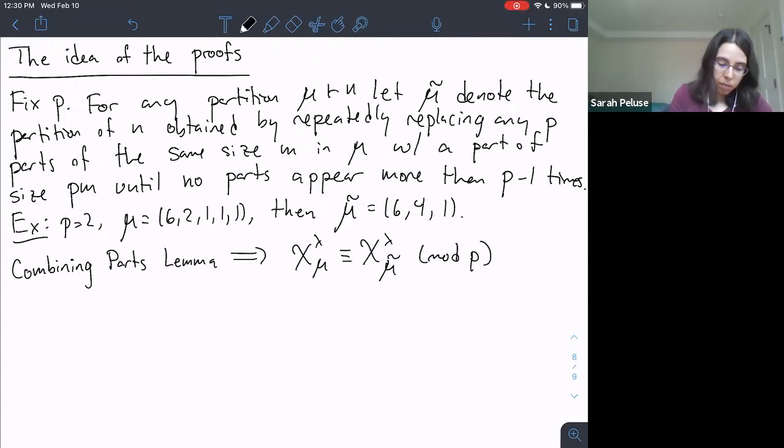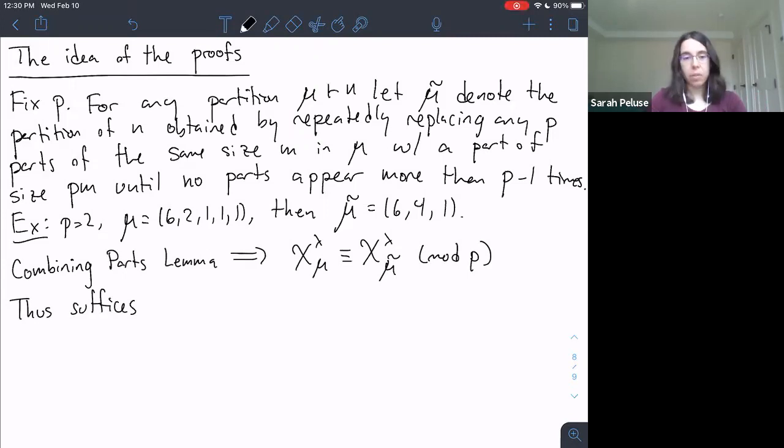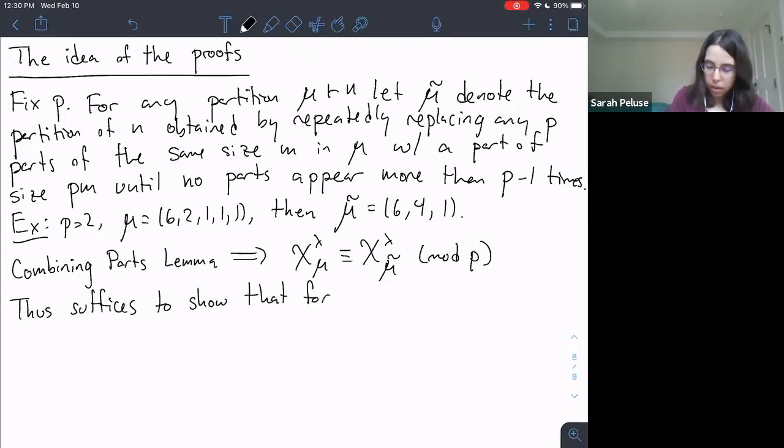So to show that almost every character value is 0 mod p, it suffices to show that for almost every pair of partitions lambda and mu, the character value for lambda and mu tilde is 0.